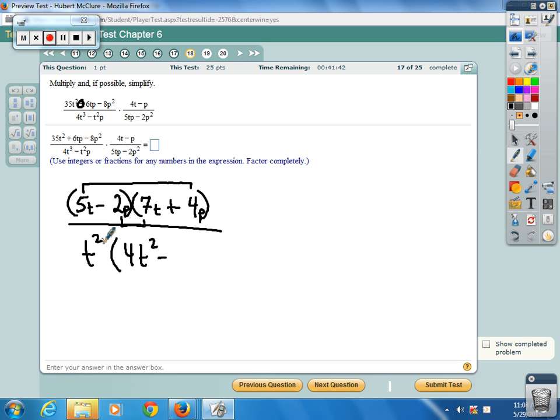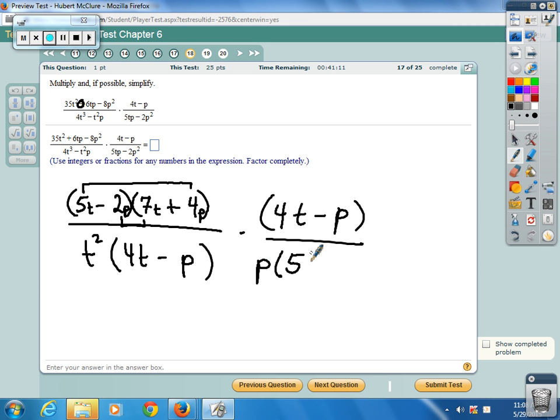And that would leave T minus P. There we go. 4T minus P. And then multiply by 4T minus P over P. P comes out here.